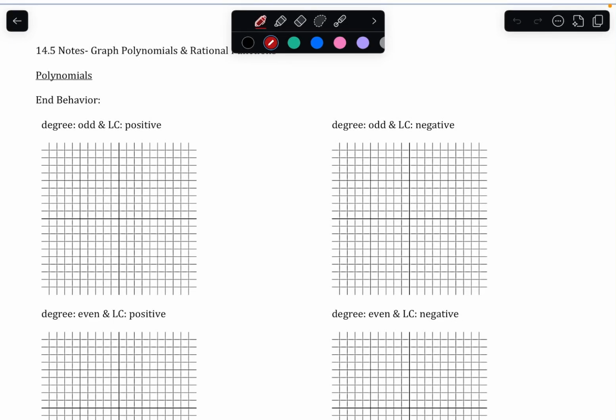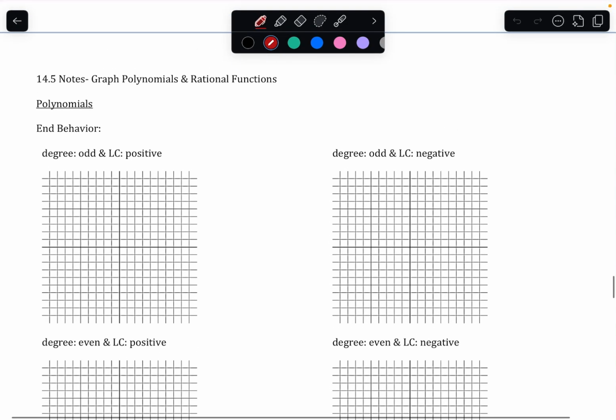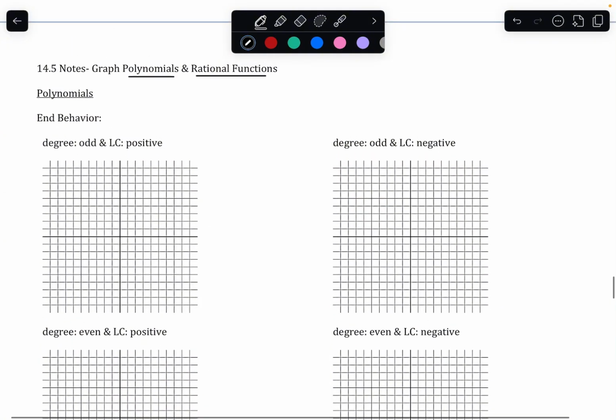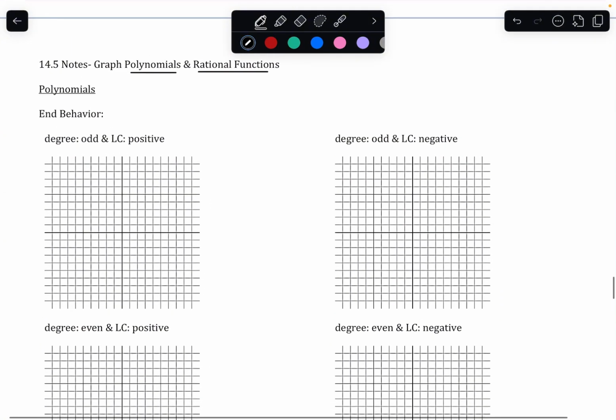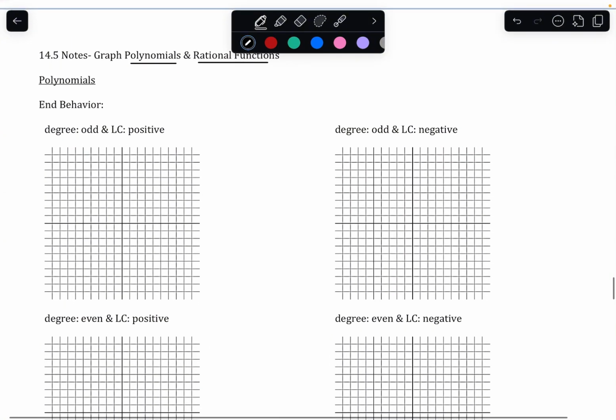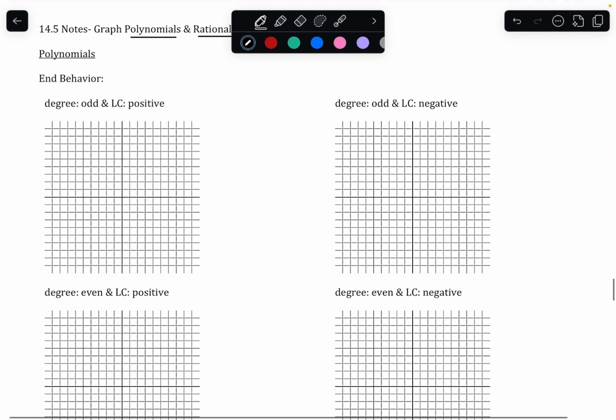All right, in this lesson, we are going to review how to graph polynomials and rational functions, starting with polynomials. When we're graphing polynomials, we need to know what is happening on the end behavior. For that, we look at the degree of the polynomial and the leading coefficient.